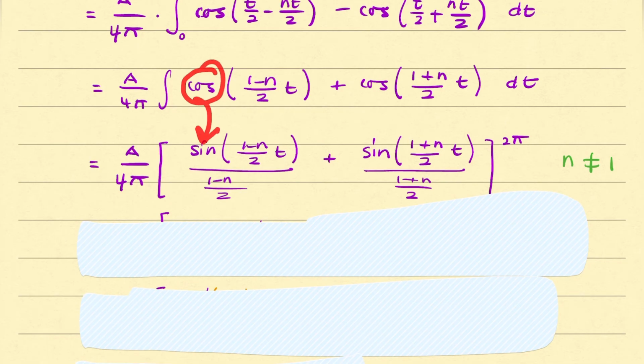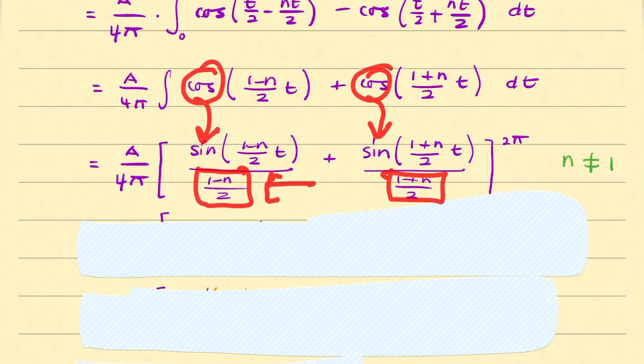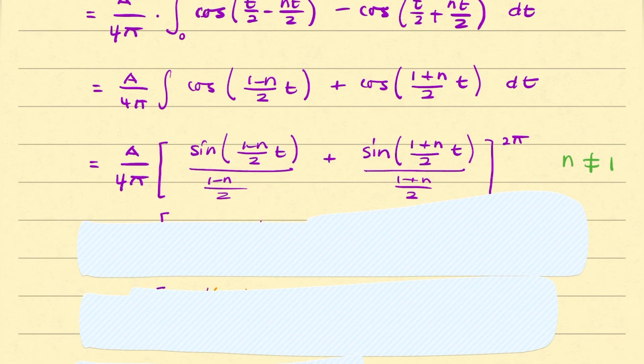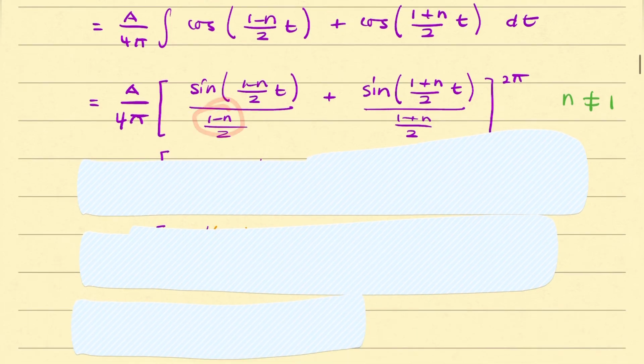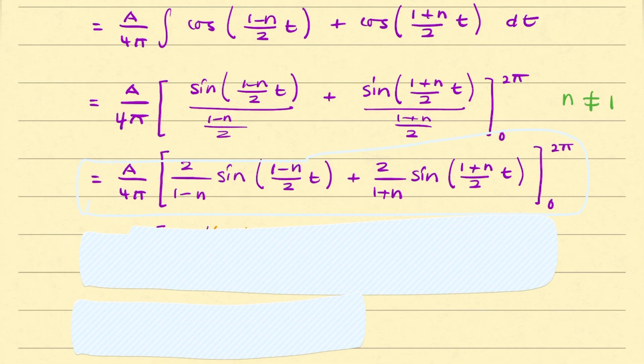And then we're going to integrate cosine to give me sine, and then we divide by the coefficient. And then we say, wait, n cannot be equal to 1. So this is true when n isn't equal to 1 because we can't divide by 1 minus 1. So if we carry on, we turn the division into multiplication.